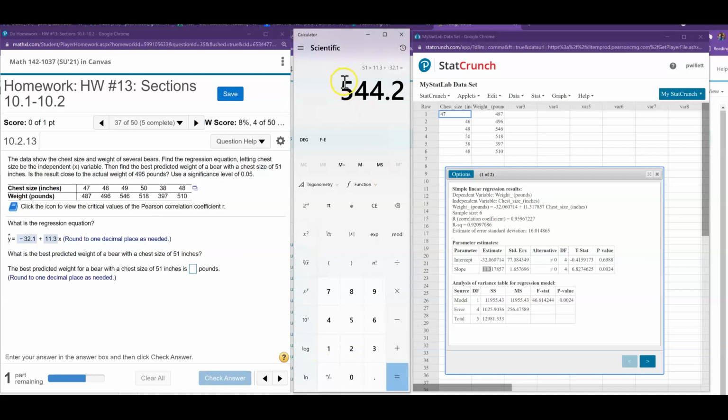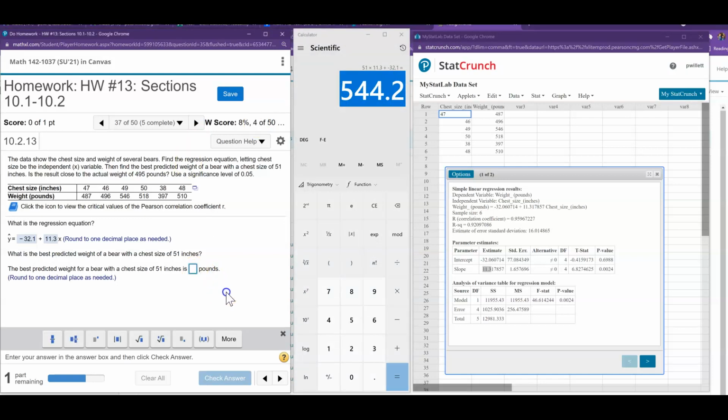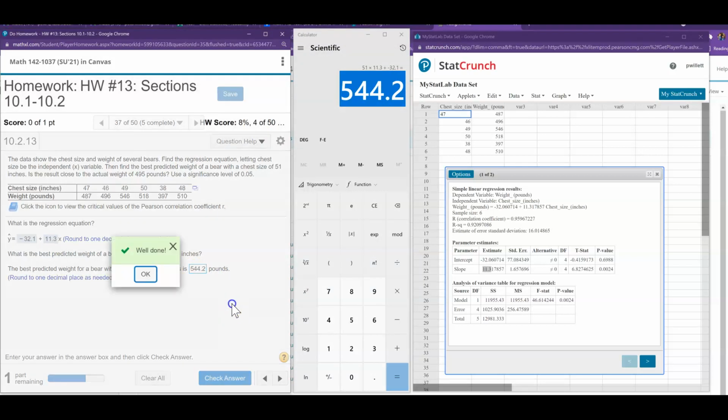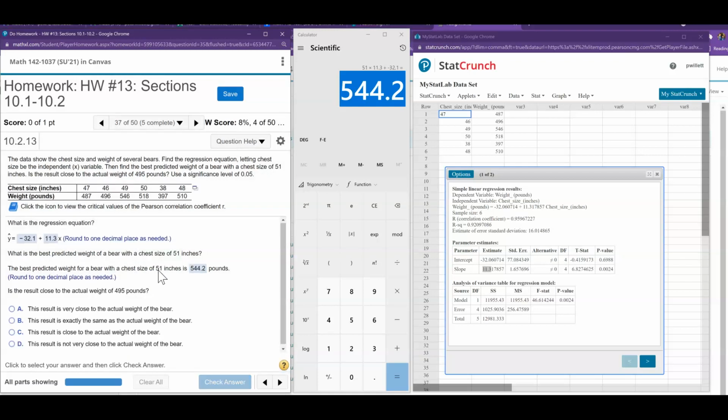And so my predicted value is 544.2. It says round to 1 decimal place. And that's exactly where we got our data value. And so if I plug that in and check, that's what they want. And then it finally asks, how does this compare to 495 pounds, which is close to the actual weight?